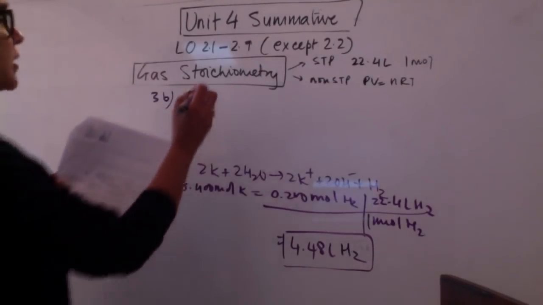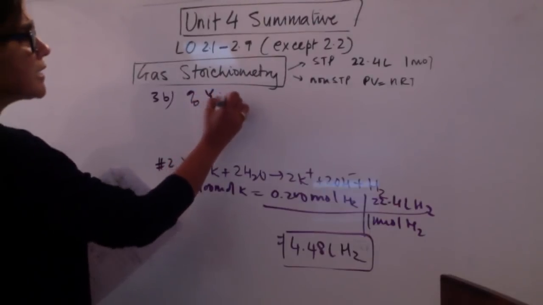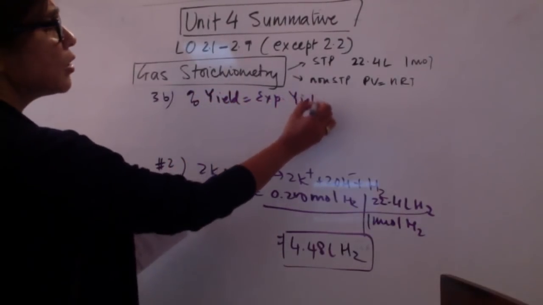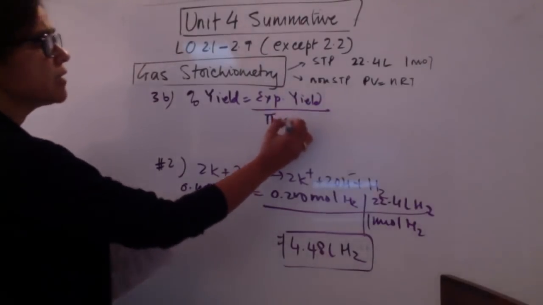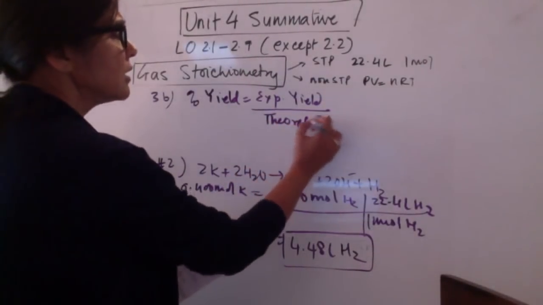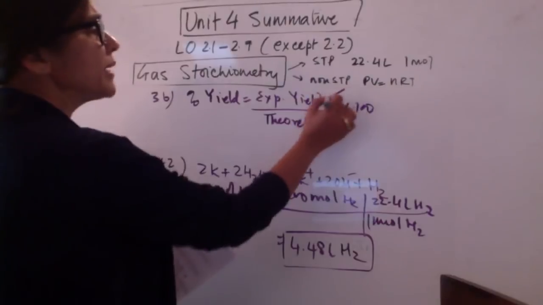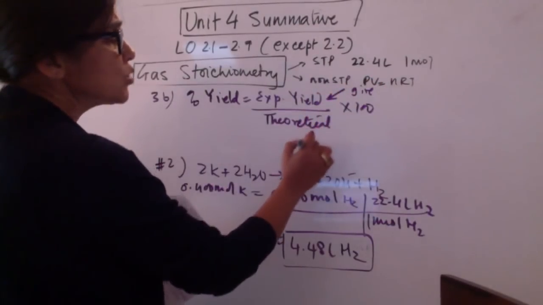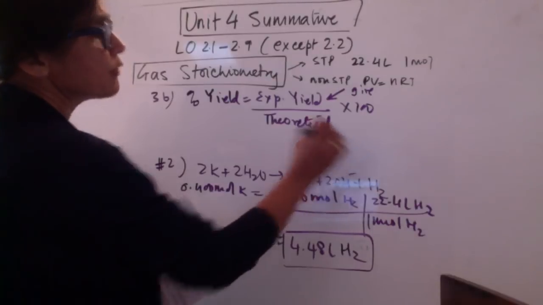The formula of percent yield, okay? So percent yield is experimental yield over theoretical yield times 100. Experimental is what they give or you make out of experiment. This is what you calculate based upon the formula.